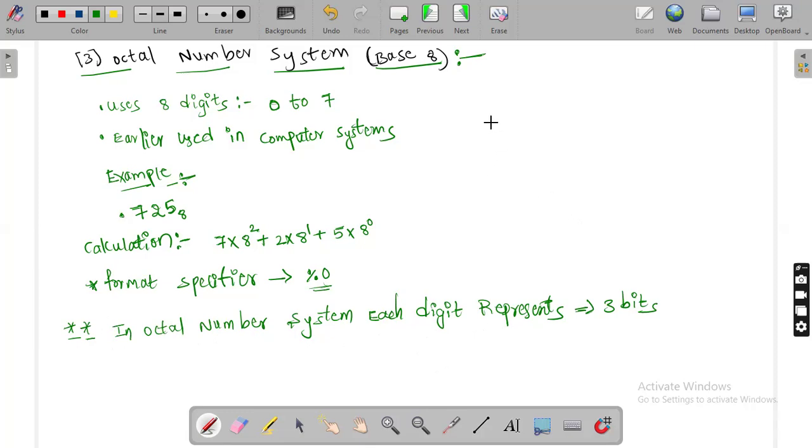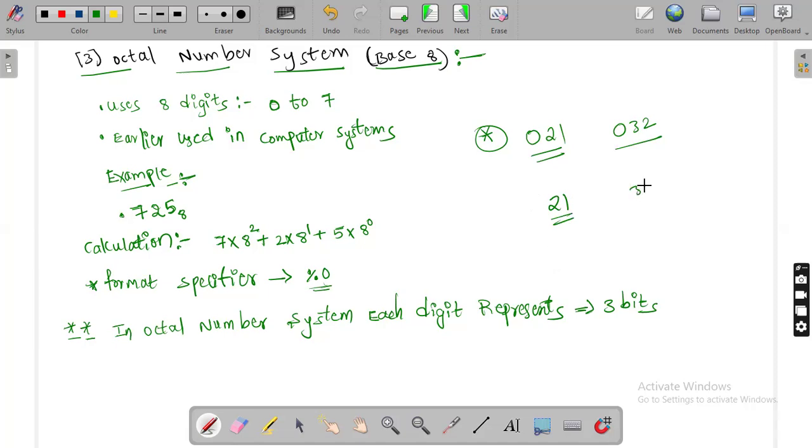While you are writing programs, one more important point I'm telling here. Whenever you are writing a program, to write octal numbers you have to use 0, like 021. Then only it is treated as octal 21. If I write 032, then this is treated as octal 32. In case I write directly 21, then this is treated as decimal 21 by default.